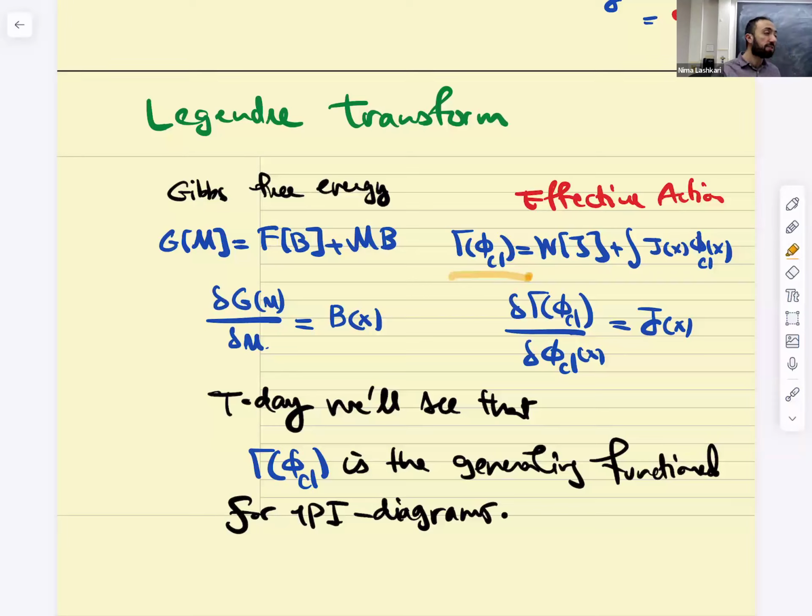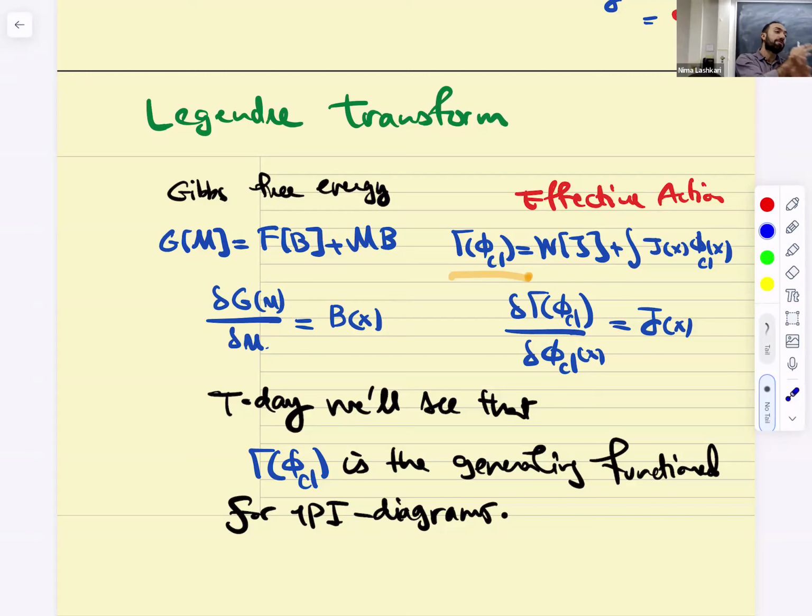This was the object of interest in the previous lecture, and this lecture, and the next lecture. The neat thing about this definition, the reason you do this, is that the variation with respect to M gives you B of x, right? So it's like inverting the previous relation. When we're doing the partition function or Helmholtz free energy, the point was that we had a functional of B whose saddle points or stationary condition will give you the magnetization, as a function of the external field.